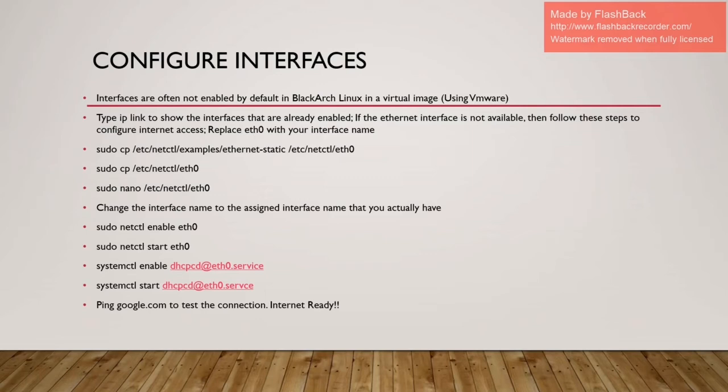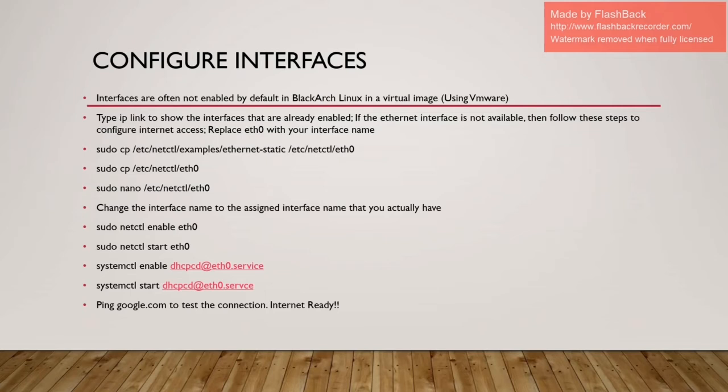By default, the interface name through BlackArch Linux will be eth0. That's the default interface name. You want to replace the interface name with the assigned interface name that pops up when you see ip link. So make a note of your interface name because you will need it for every command in order to configure your interface.